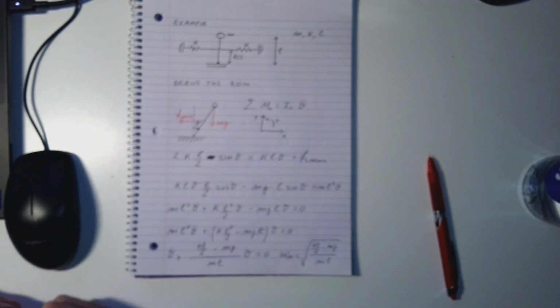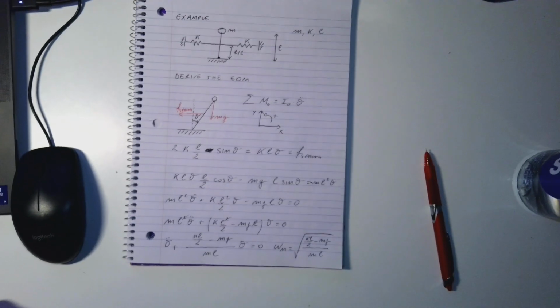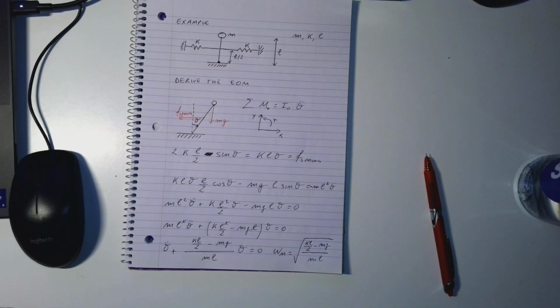So the main difference between this expression of the natural frequency and the previous expressions is that in the previous cases the term within the square root is always positive.